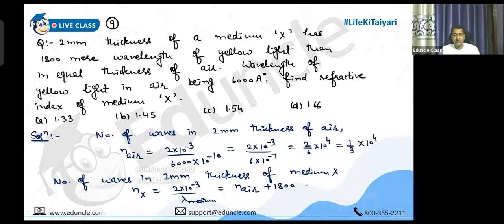This is the relation that they have given. So with the help of this, we can get lambda medium, and if we can get lambda medium, we can get the refractive index, because lambda is already known to us.